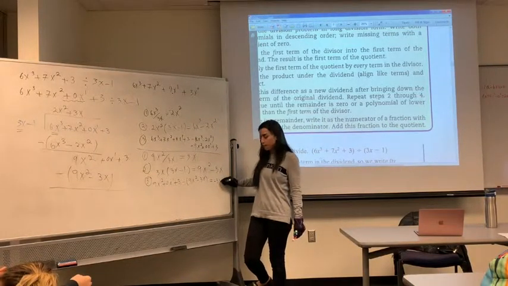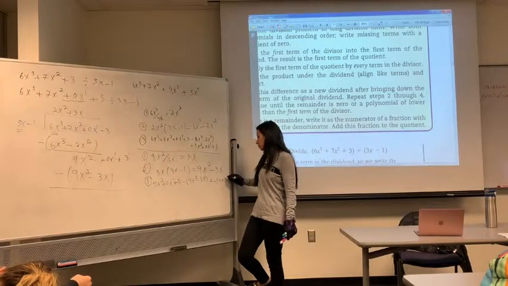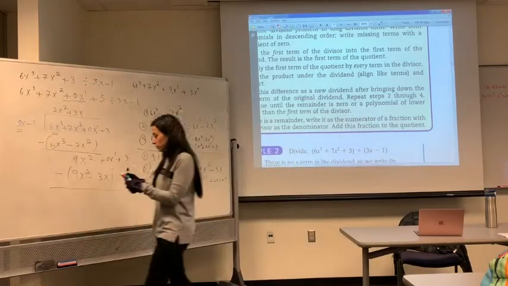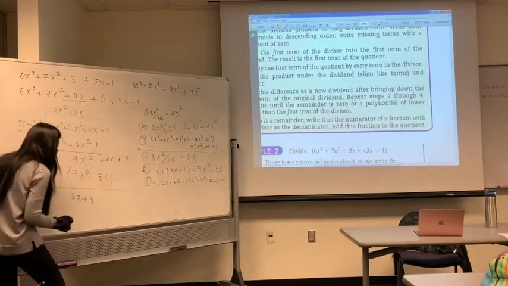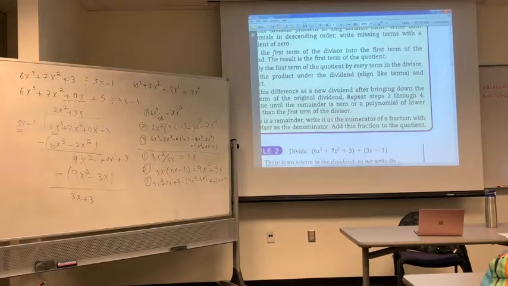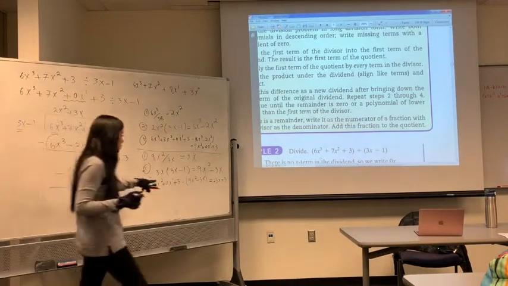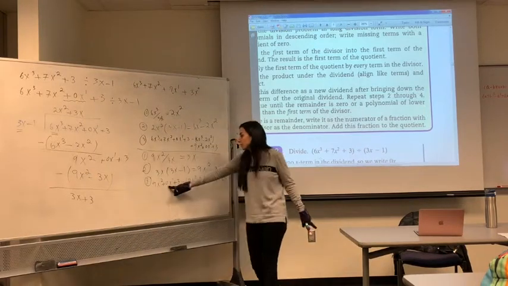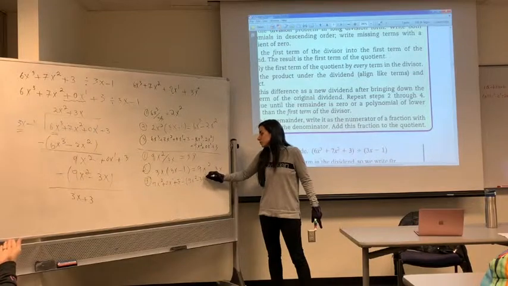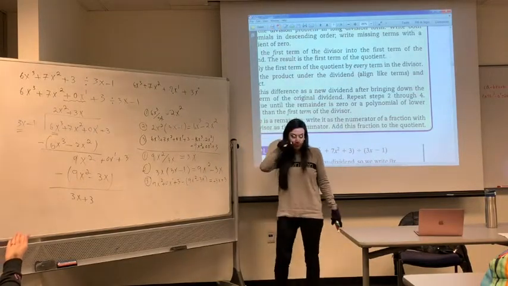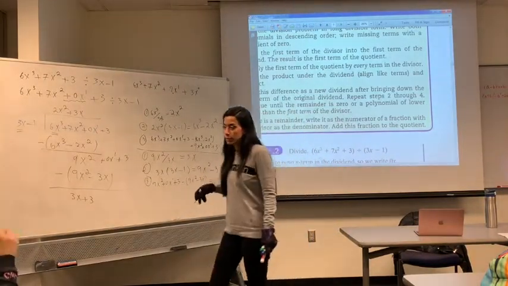So we have 3x plus 3. Why? Because of that 0x power 1, we put it there because now we can add them together and write it down in an easier way. So we'll have 3x power 1.